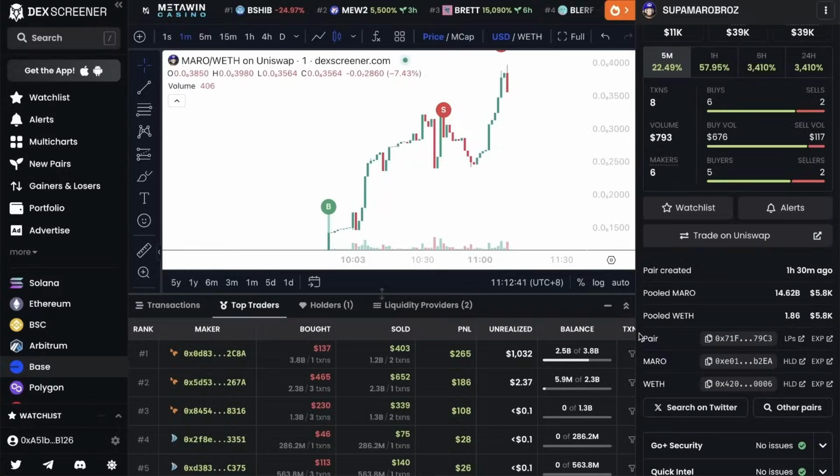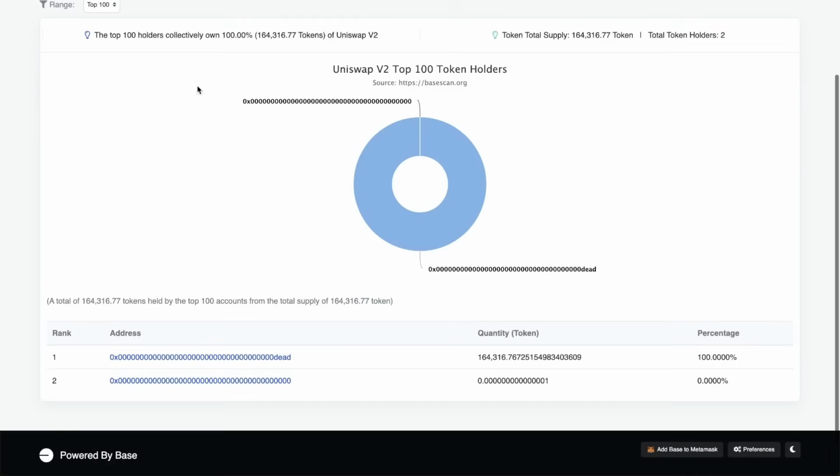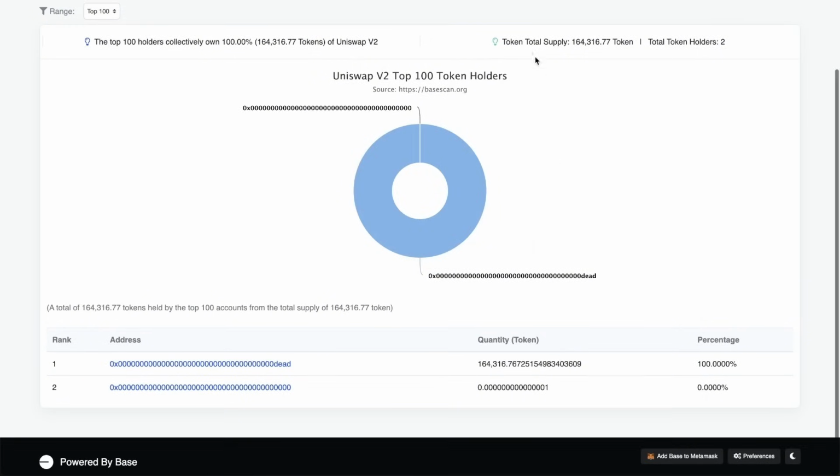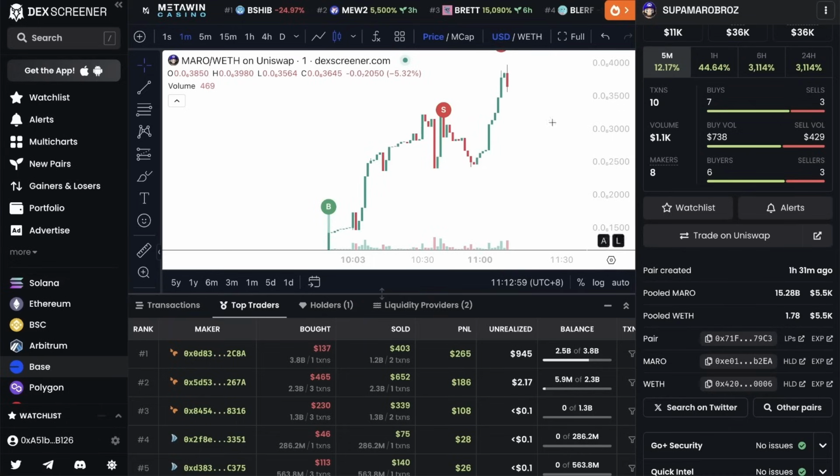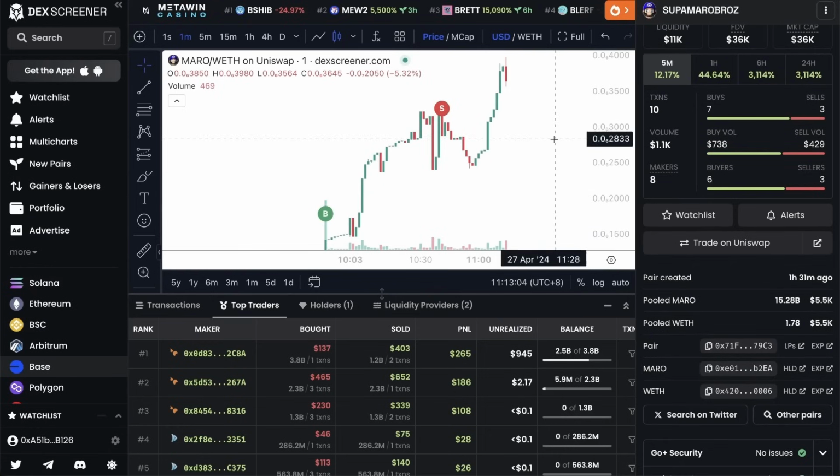You see here on the pair LPs, which stands for liquidity pool. Now I can see the liquidity pool and who is owning it. When it's those addresses, that's good. The 0x000, no one has access, and the 0x00 dead as well. So the liquidity pool is locked. This is the most important information that you want to have.